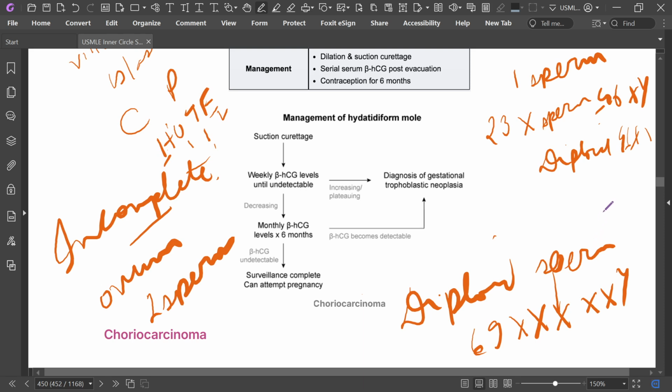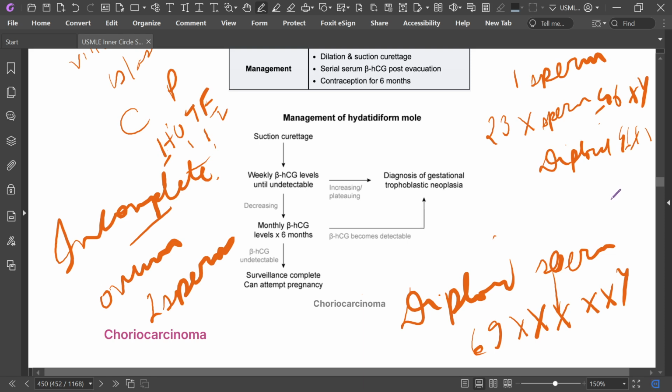Partial moles are unique as they are associated with the presence of a fetus, which may exhibit cardiac activity. However, because of the triploid karyotype, there is a very high rate of intrauterine death, often manifesting as early onset spontaneous abortion.